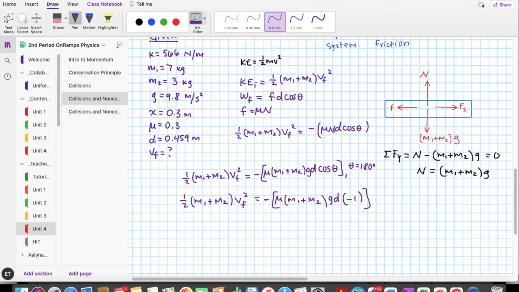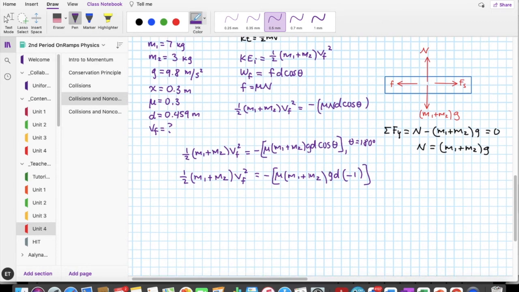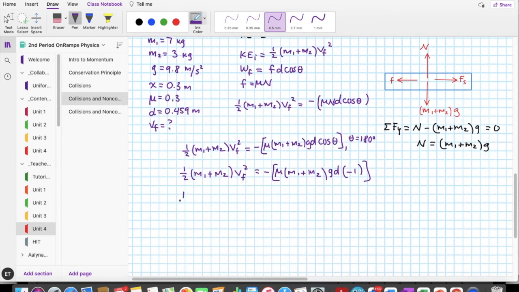Hopefully you see that this negative and this -1 will turn into a positive. So now we have 1/2 (m1 plus m2) v final squared. I'm going to clean up my equation just a little: letters with the letters. So I'm going to have coefficient of friction times acceleration due to gravity times distance times the sum of the masses.